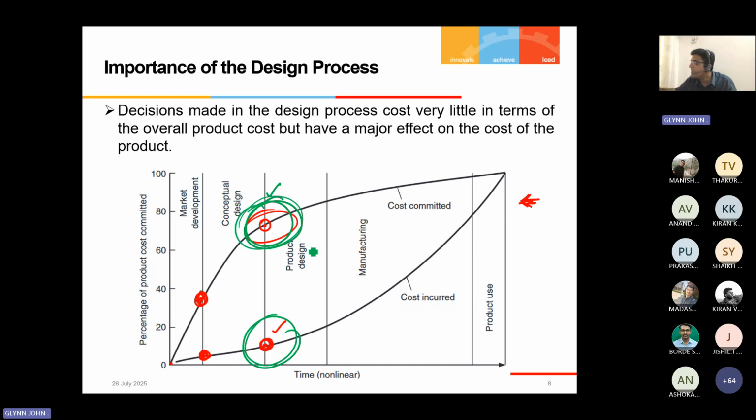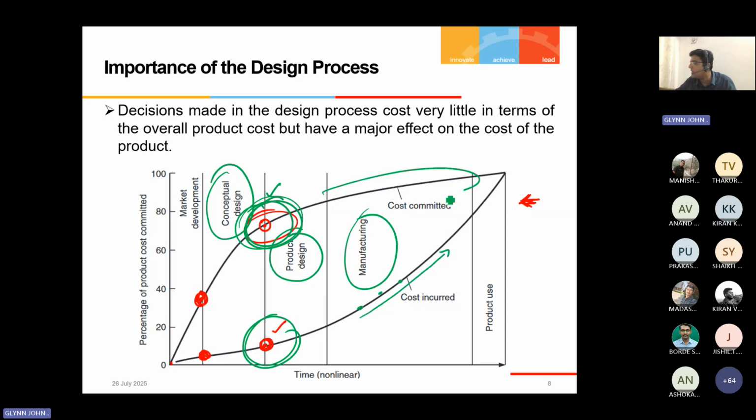So you see products, you have to deal with conceptual design, and finally you have to go through the entire design process. By the time you go into manufacturing, you see you are incurring less cost. Now, at this point, you're actually buying machines, but you have already committed.